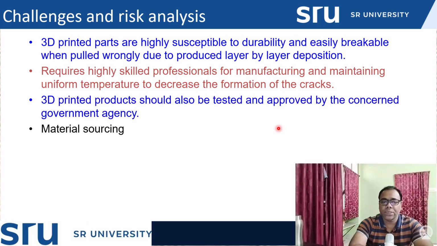Similarly, the material sourcing, because this material should be biocompatible material. Everywhere the biocompatible material is not available, so we have to contact the proper vendor who can provide the biocompatible material and ensure that these materials have biocompatibility in nature.